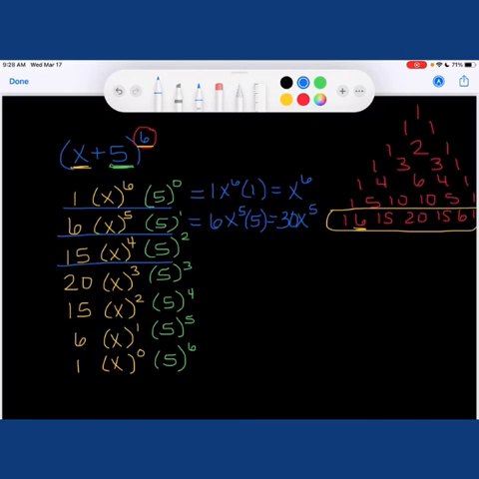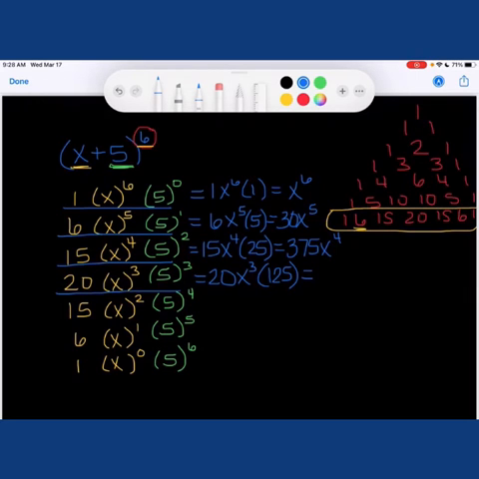Moving on to the next one, I've got 15, x to the 4th, and then 5 squared is 25. So I multiply 15 times 25, and I get 375x to the 4th. Moving on, I've got 20x cubed, and then 5 cubed is 125.